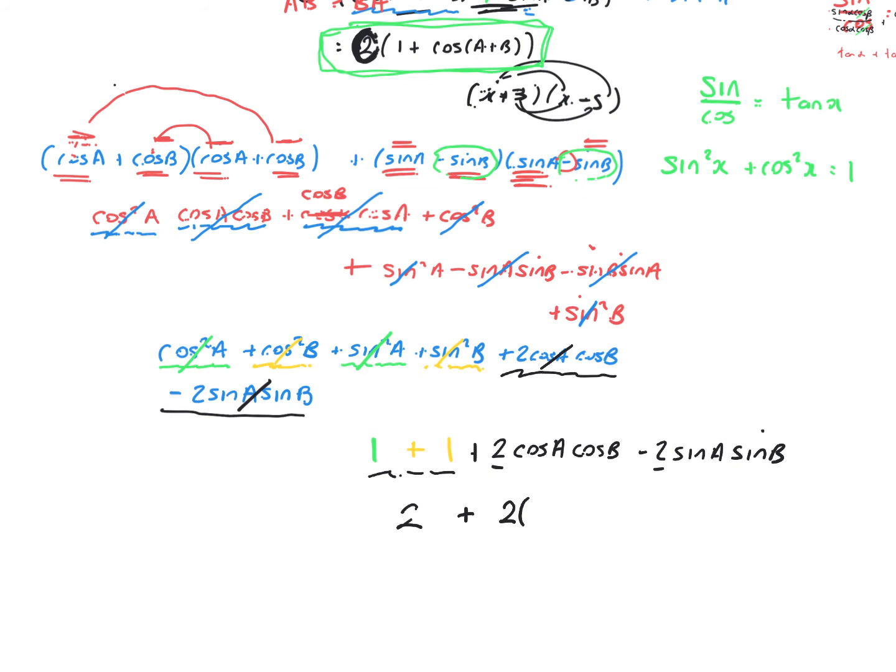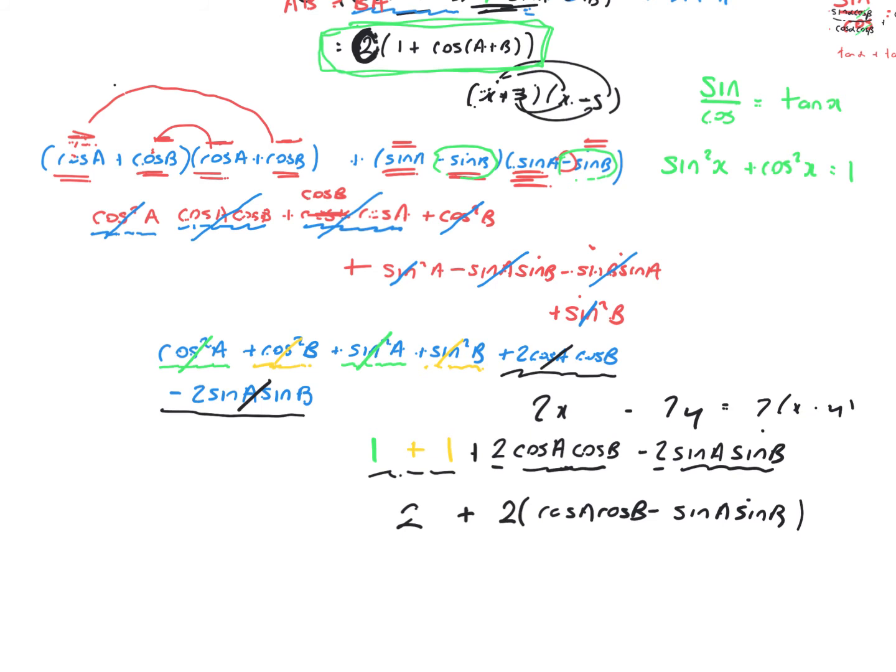In the same way that 2x minus 2y would give me 2 bracket x minus y, that will give me 2 lots of this, cos A cos B, minus this, sine A sine B. Because if we expanded that out, we would clearly get 2 cos A cos B minus 2 sine A sine B.